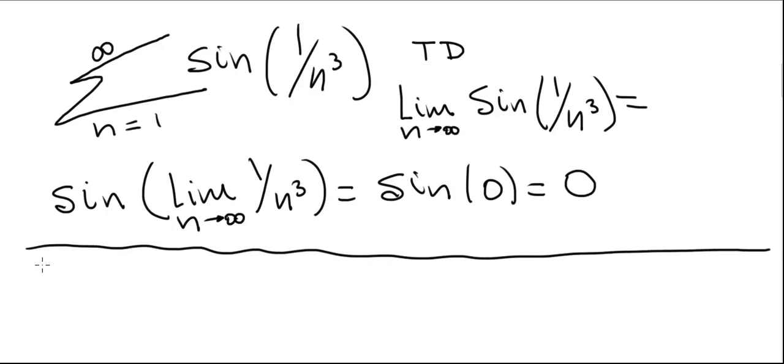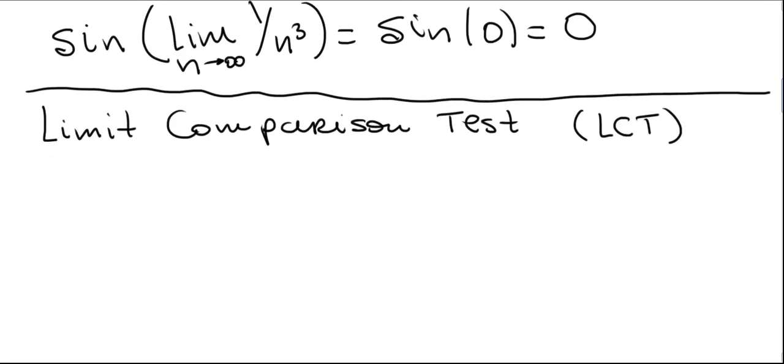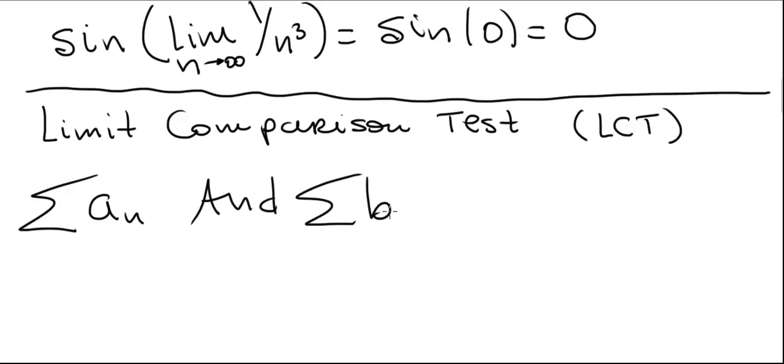And the one test that will work here is the limit comparison test. I'll abbreviate that by LCT. Now, a brief review of the limit comparison test. We have two series. We'll call the first one a sub n and the second one b sub n.